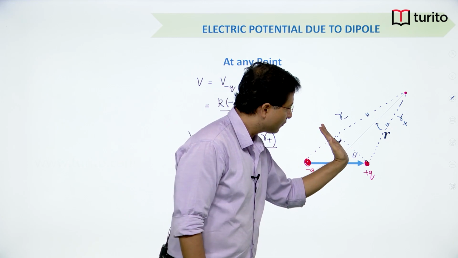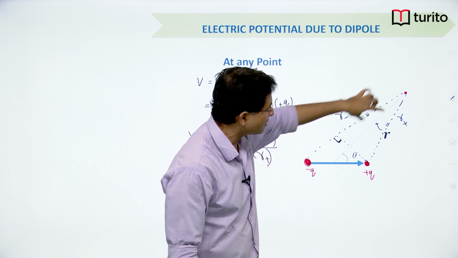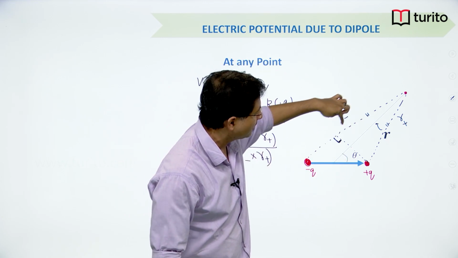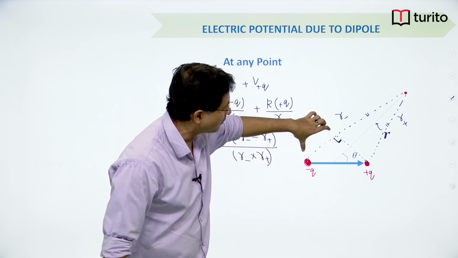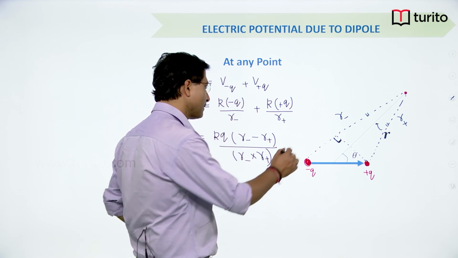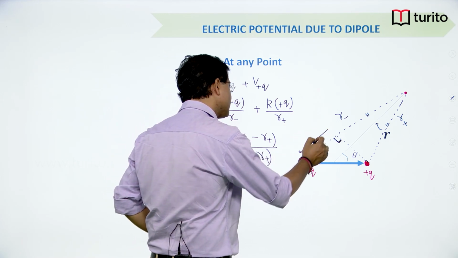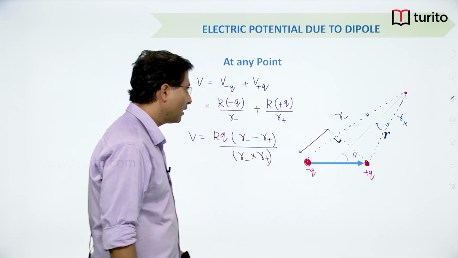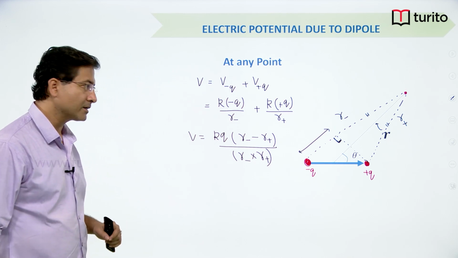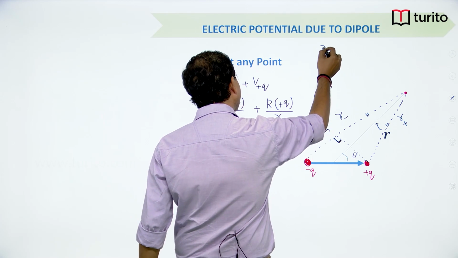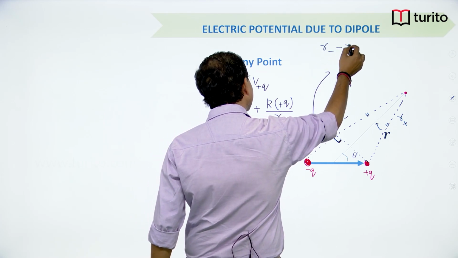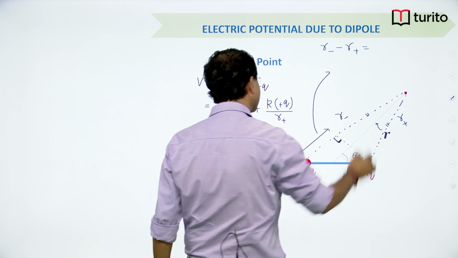From here onwards, because this distance is very large, this distance will be equal to this distance. That means the difference is only because of this. So this is nothing but r minus minus r plus.